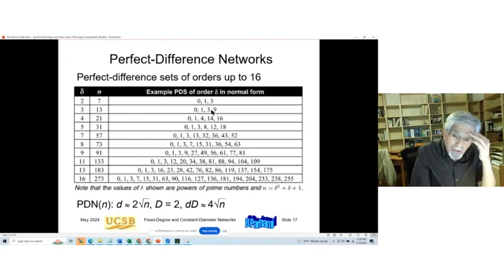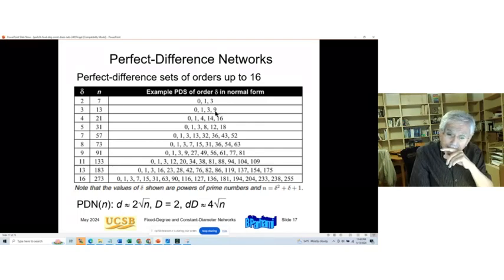So if I want to construct a path to node number 4, I can go to, oh, sorry, I don't remember that.